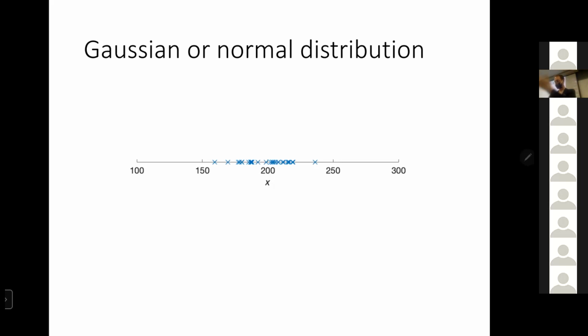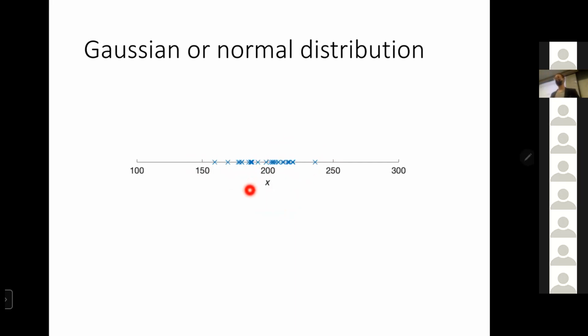So if you took a repeated measurement of some quantity X, and you get the following measurements, you could plot those on a number line. And you could eyeball this, and it kind of looks like these different measurements are centered around an average value of something like 200.